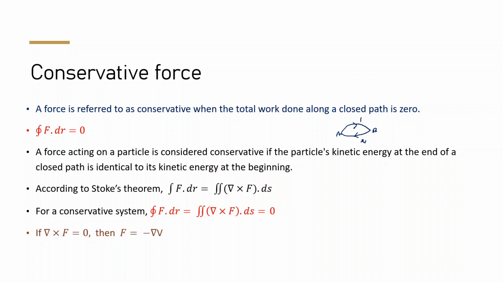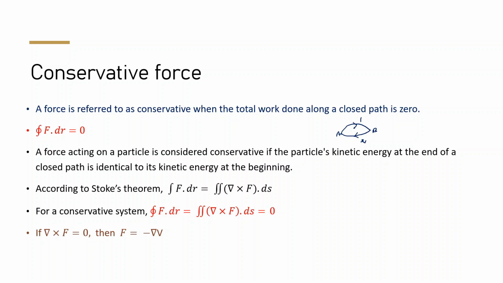According to Stokes theorem, the line integral is transformed into a surface integral. F dot dr present inside the integral is equal to curl of F dot dS. Here the line integral is changed into a surface integral. According to our definition, if the force is conservative, integral F dot dr equal to integral curl of F dot dS equal to 0.